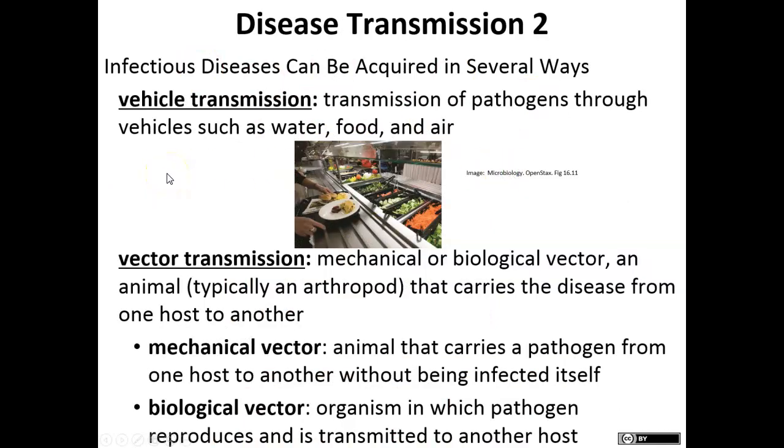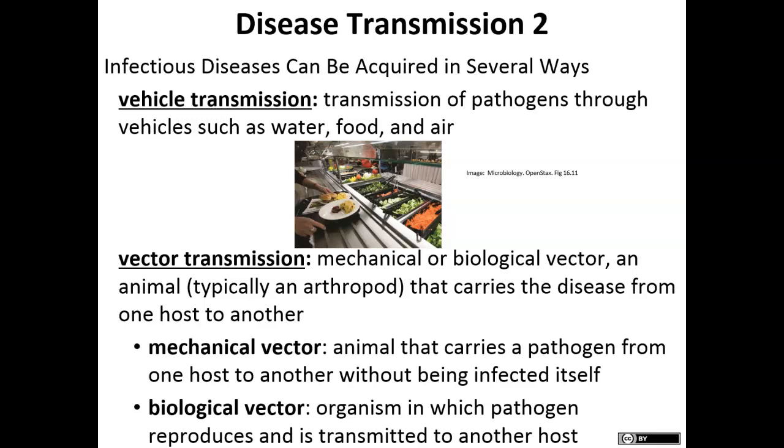We can have vehicle transmission. Vehicles are things the pathogen moves through to get to their host. So water and food are vehicles of transmission. Air can actually be a vehicle of transmission.